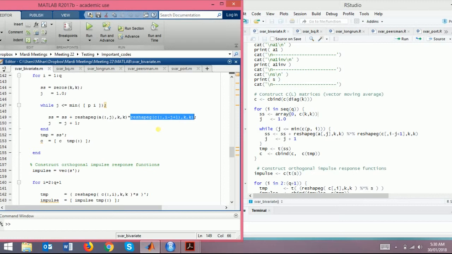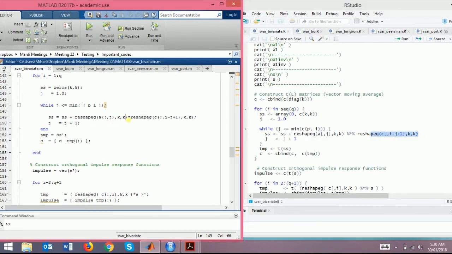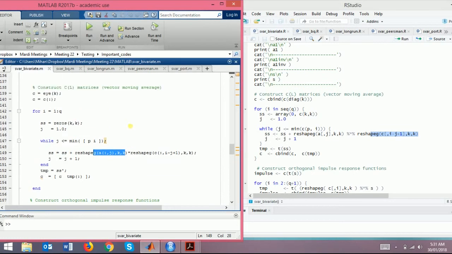It was I equals 1 to J, psi I L, right? I equals 1 to J, I minus J plus 1, and A. A is our moving average parameters.